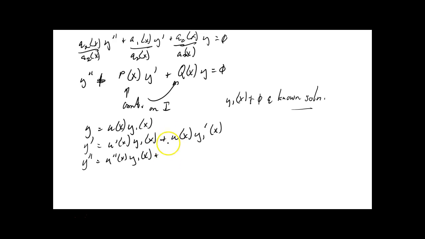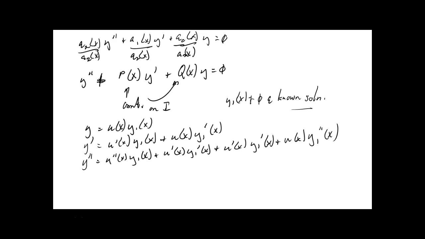Plus u prime of x times y1 prime of x. Okay, that goes further. Plus u prime of x times y1 prime of x. Got it. Plus u of x times y1 double prime of x. Perfect.